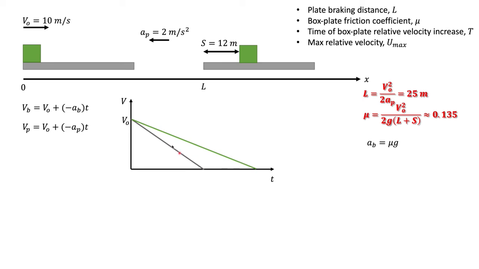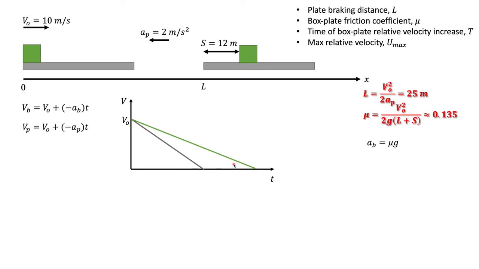The answer is, it's the difference between the green line and the gray line. For different time points, the difference is going to be different. Notice at the very beginning it's 0, then it starts increasing until this point when the plate stops. And after that, it is decreasing.